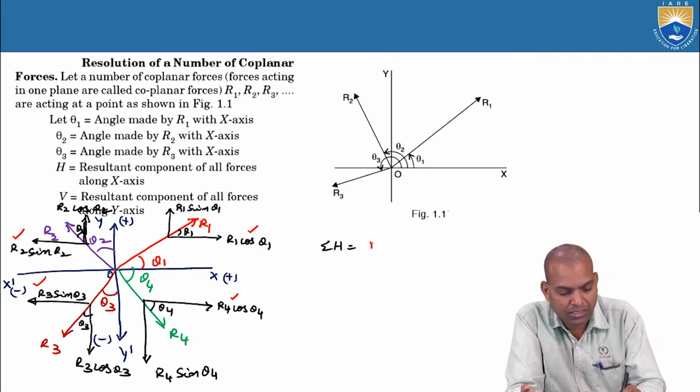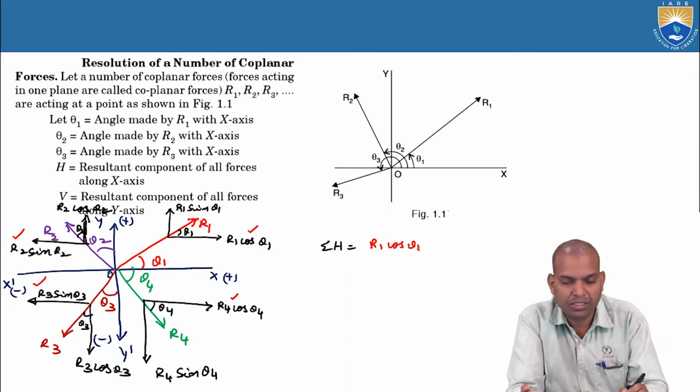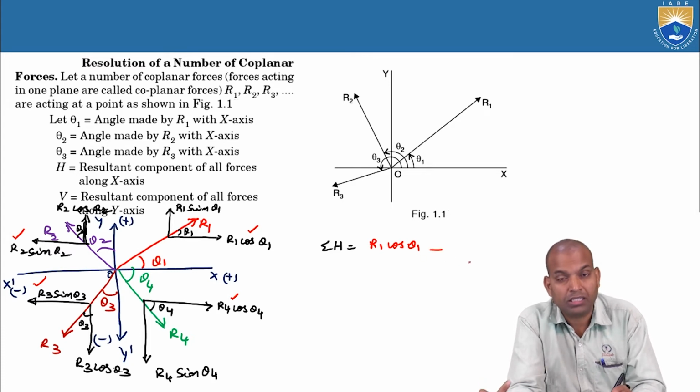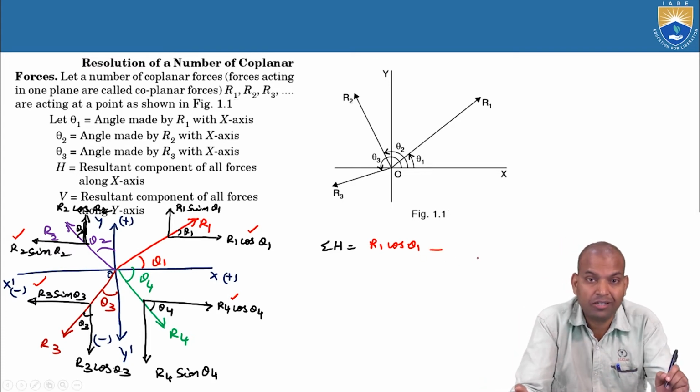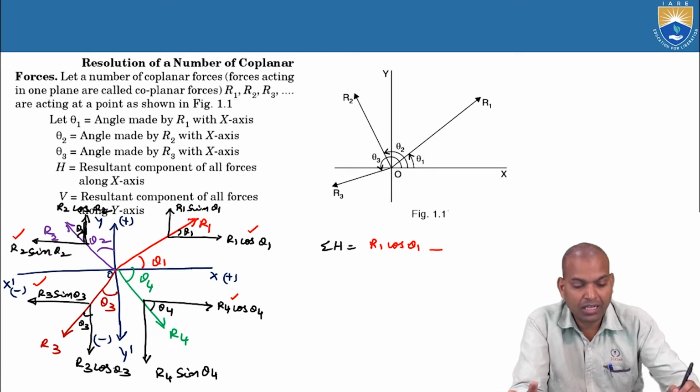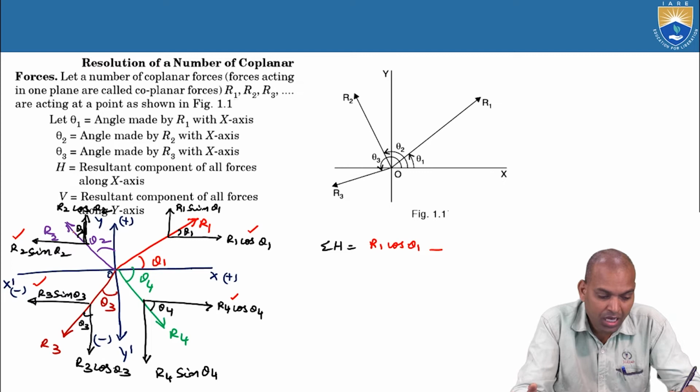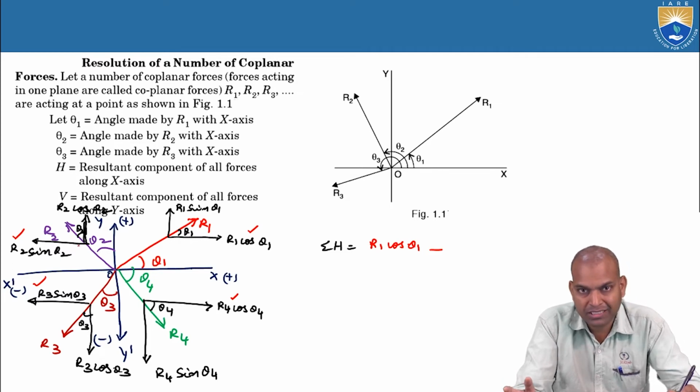So R1 cos theta 1 is positive because it is along the positive x-axis, minus the sin theta 2 term. Don't think the sin term is always vertical; from the concept, R2 is making angle theta 2 with the vertical OY. That's why OY becomes the horizontal component and OX becomes the vertical component for this R2 force. Now what is horizontal?